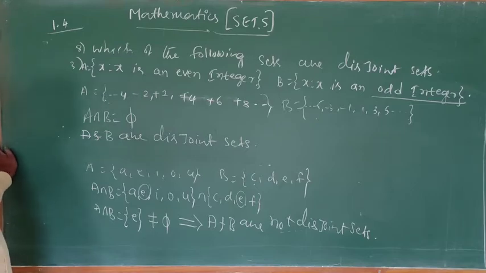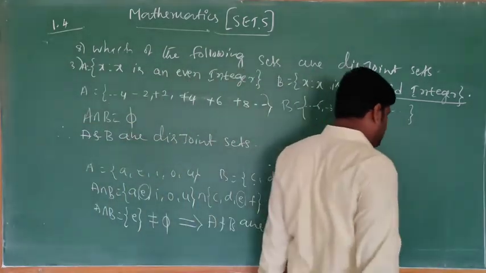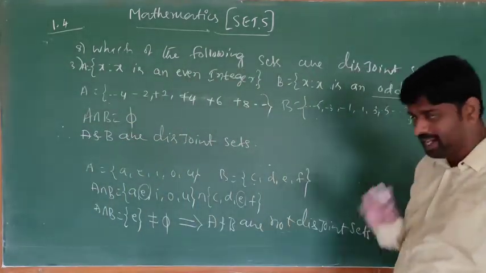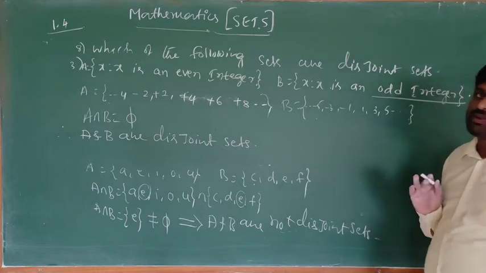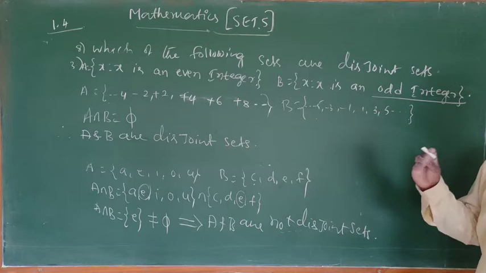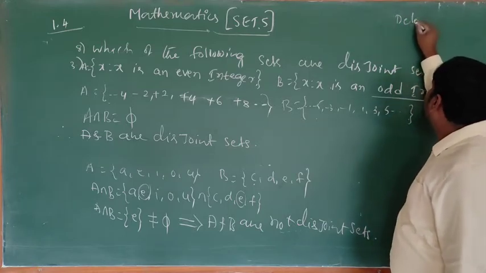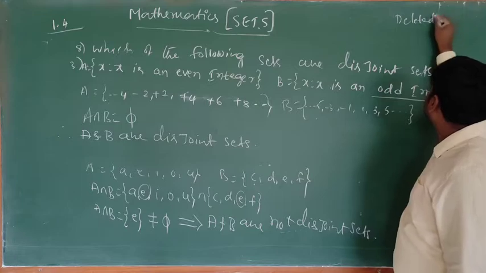Exercise 1.4 is completed. In exercise 1.4, only union of two sets and intersection of two sets are there. In this exercise 1.4, another concept is there, that is difference of two sets. Difference of two sets is a deleted concept.